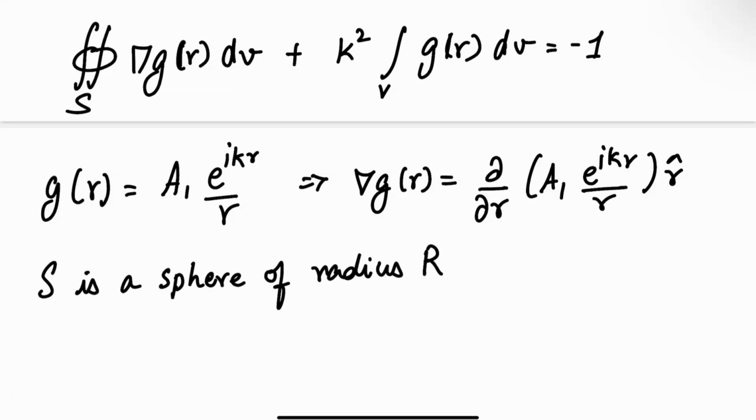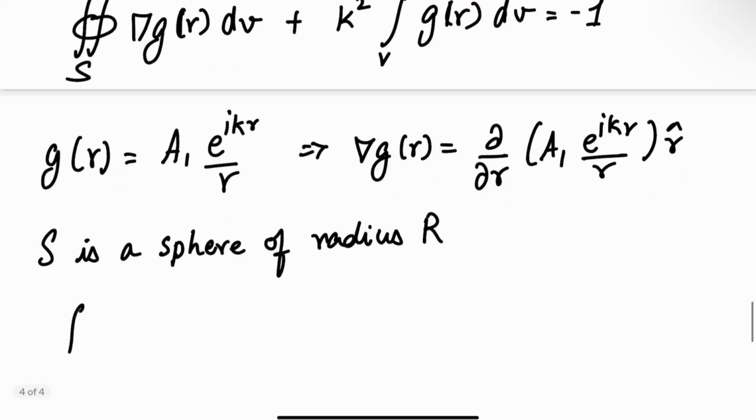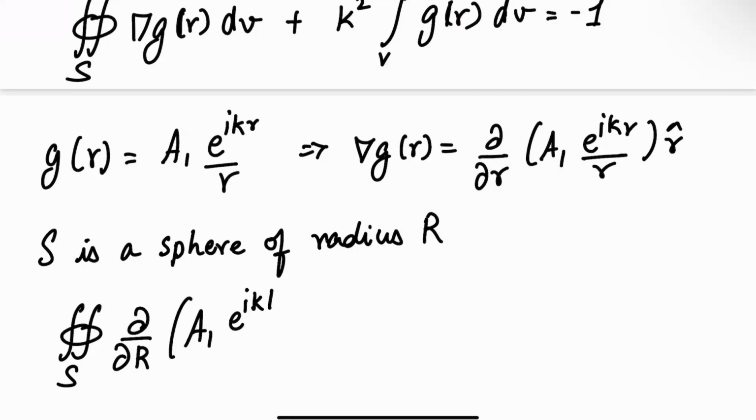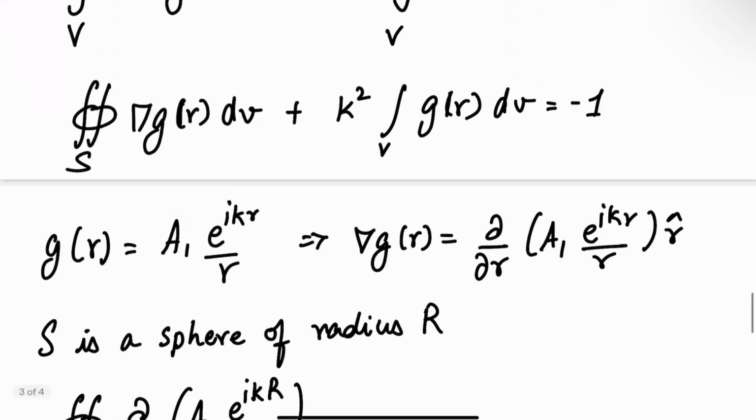R. Then what happens? Then this integral on the left-hand side over the closed surface is nothing but d over d capital R, because now we're on the surface, not in the whole volume. So r equal to capital R on this surface, times A1 e to the ikR over R. Since we're on the surface, this should be dotted with ds vector, right?